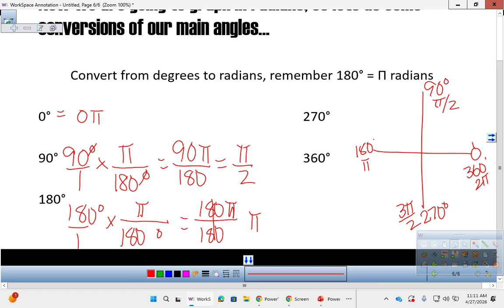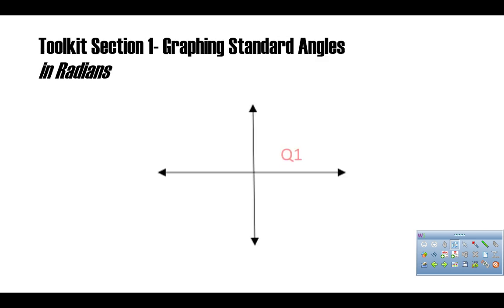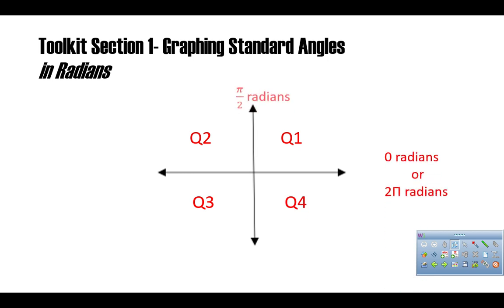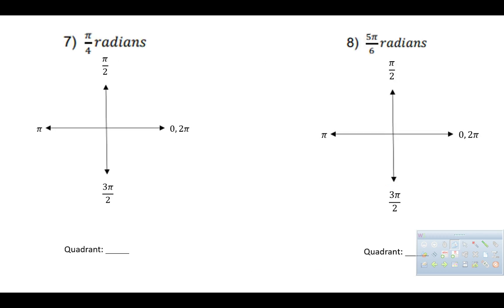It's just the halves, all right? So in this image, quadrant 1, quadrant 2, quadrant 3, quadrant 4, this is the 0, 360, that's your pi over 2, that's your pi, and that's your 3 pi over 2. So I'm just changing the degrees to radians here, all right?